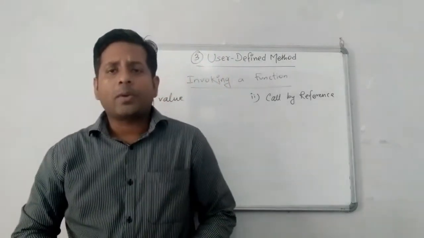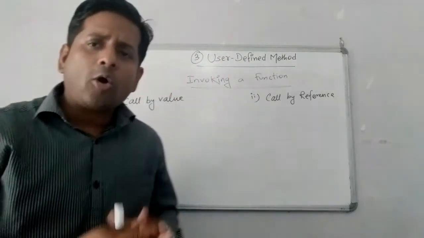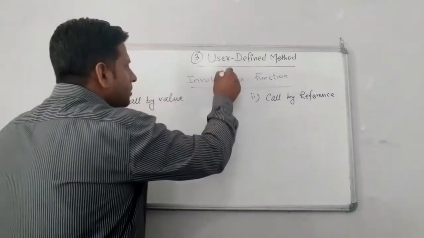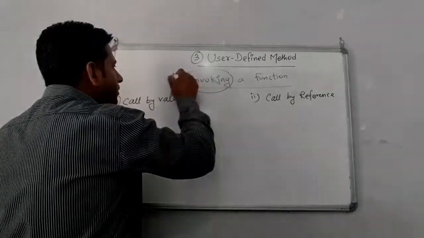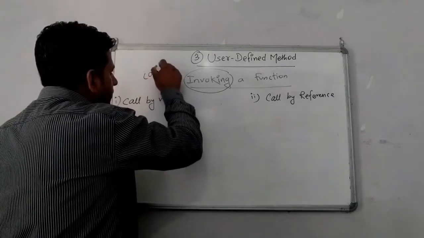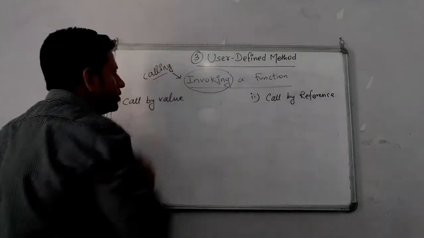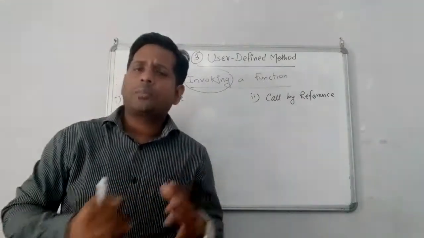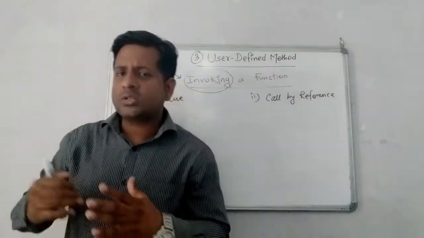Now see the next topic, that is invoking a function. Invoking. So children, invoking means calling. As I have already told you, functions divide the programs like input, process and output.